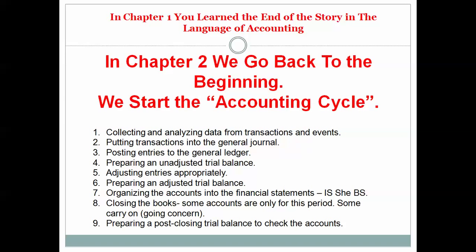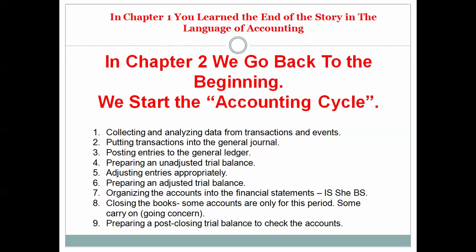And here is the whole story of the accounting cycle. When we are looking at telling the language of business, one, we're collecting and analyzing data from transactions and events that happen in our business. Those events which are relevant and useful and need to be shared with the users of our financial statements, those external users.